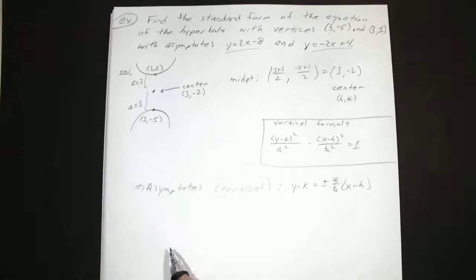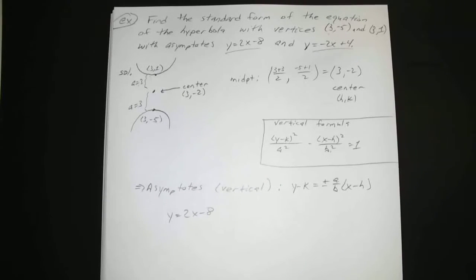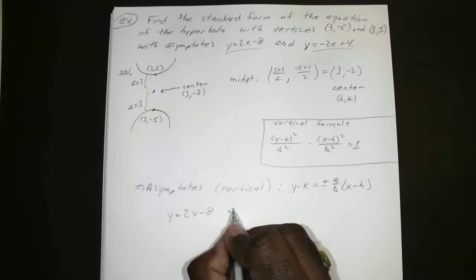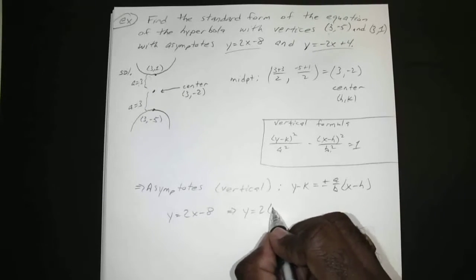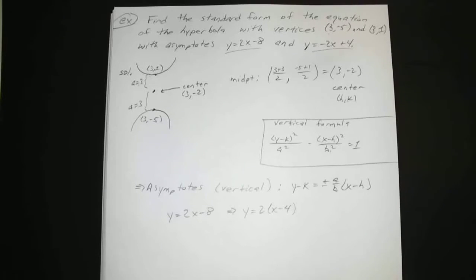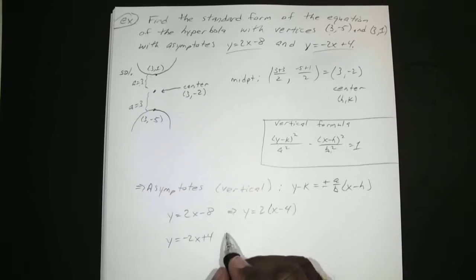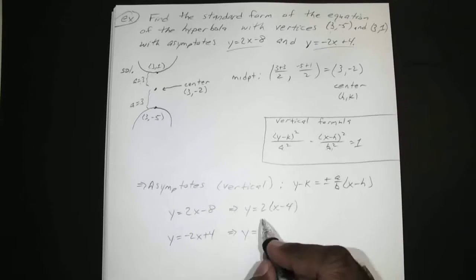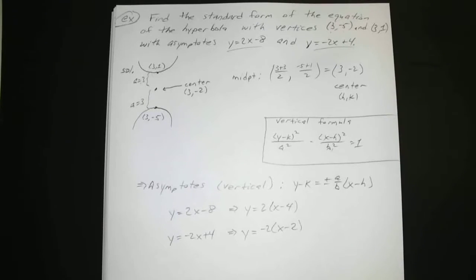Okay, so the first one, y equals 2x minus 8, we can just factor out a 2 and make that y equals 2(x minus 4). And y equals -2x plus 4, we can make that y equals -2(x minus 2).